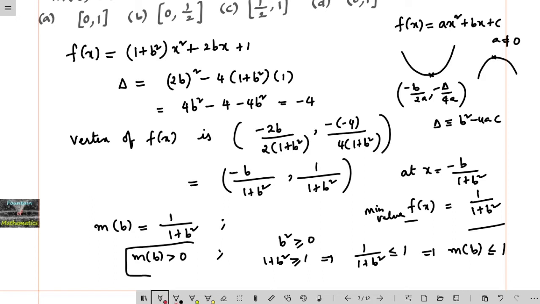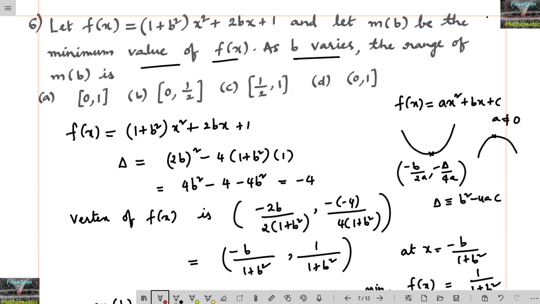So m of b is greater than 0 and m of b is less than or equal to 1. Therefore the range of m of b we can write as 0 to 1, where 0 is an open end and 1 is a closed end. Since 0 is not included here, we take an open interval at 0 and a closed interval at 1. So this is the range of m of b, and we can go with option D.